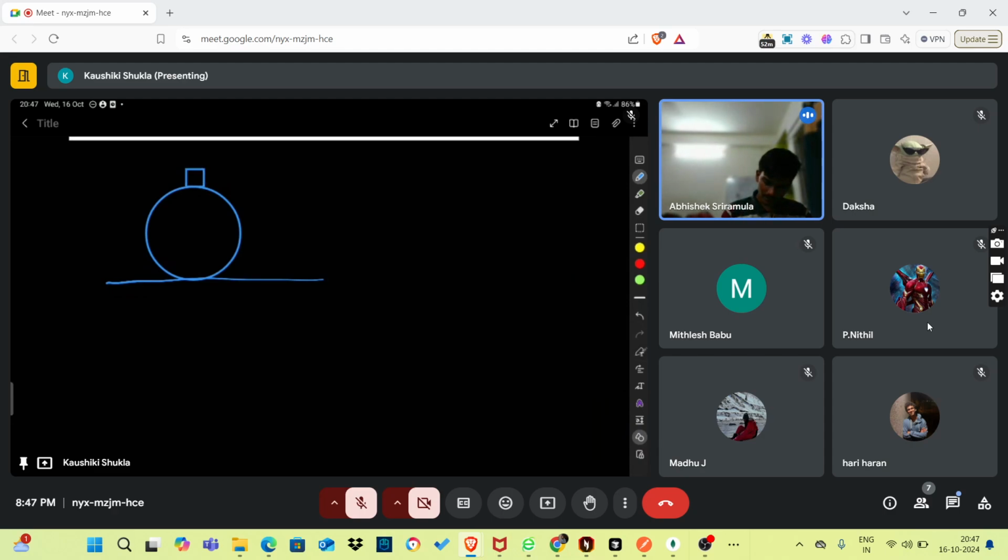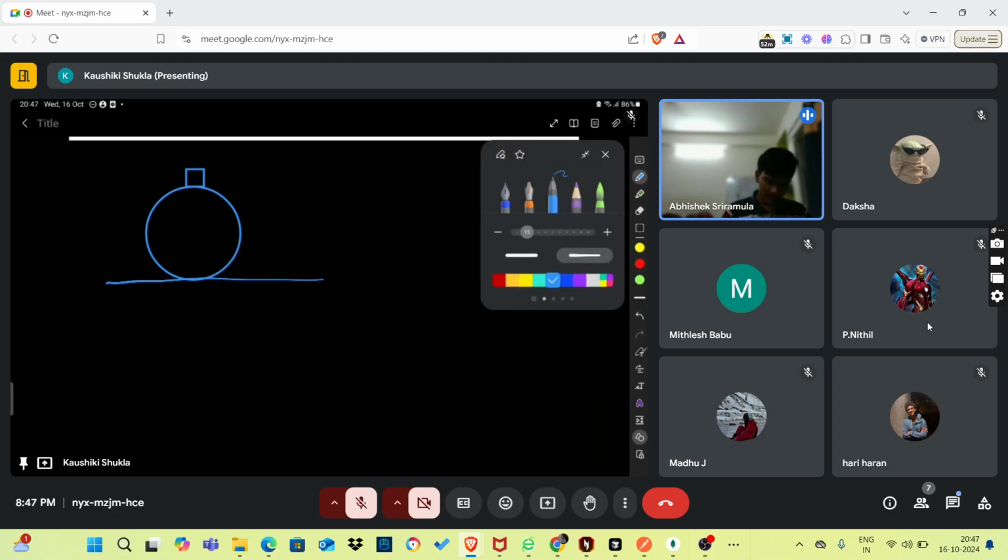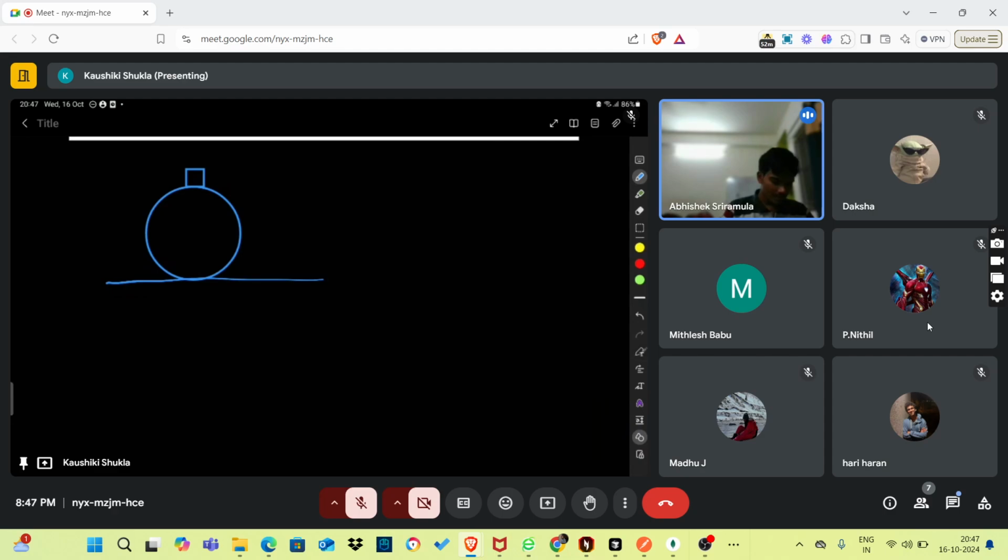Okay, so this is what we call unstable equilibrium, because if the body slightly moves, or if you give a small jerk or a small impulse, once this body displaces, it will just directly fall. If you give it an impulse forward, this body will fall down. If you give it an impulse backward, this body will fall down, right? So this is unstable equilibrium.